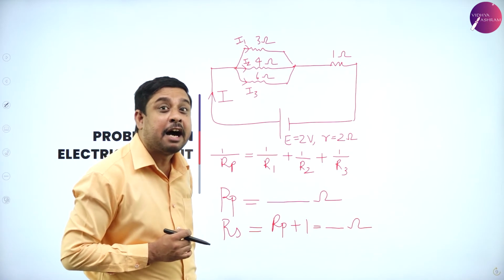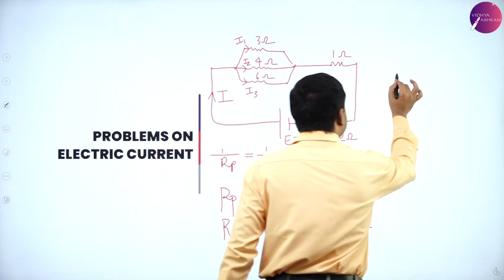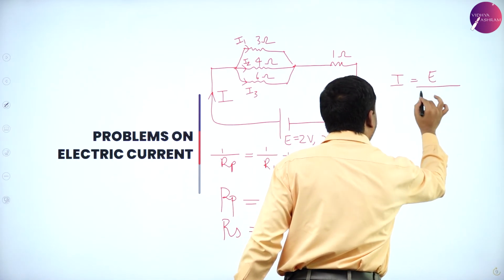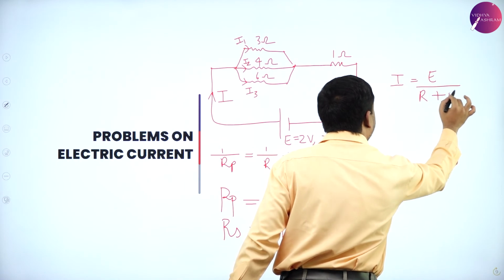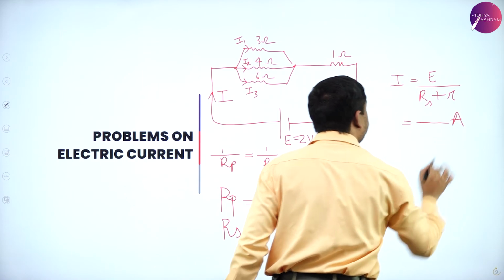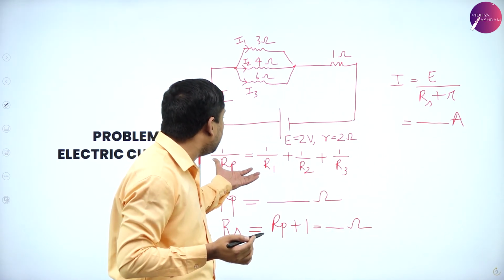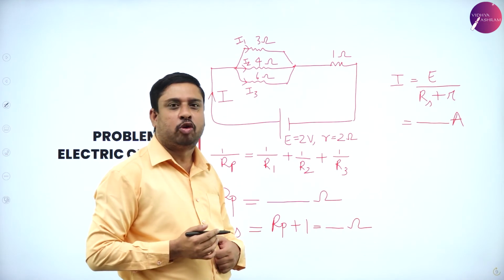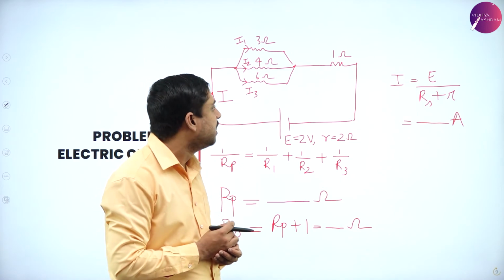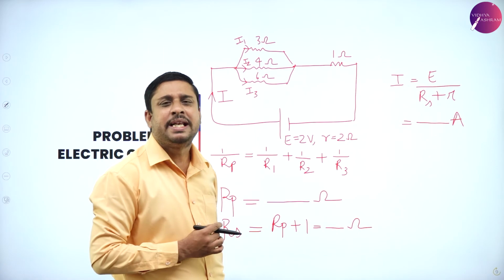Now, current flowing through the circuit, main current. So I is E divided by Rs plus r, so many amperes. Very simple. First find Rp, then find Rs. Basic expression for current, E divided by Rs plus r.